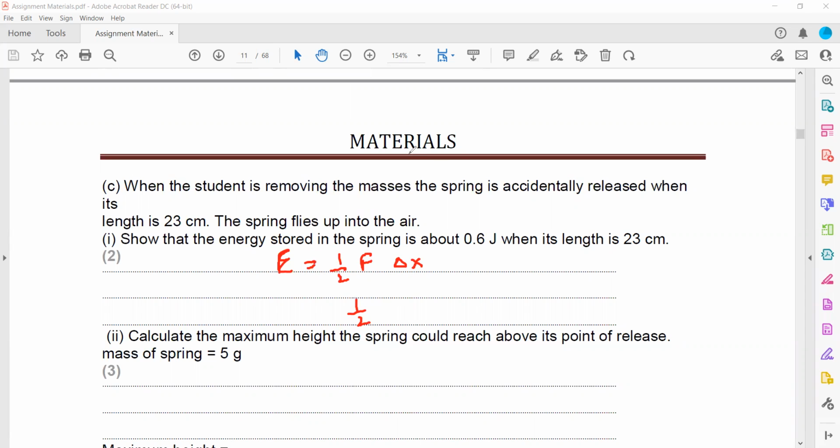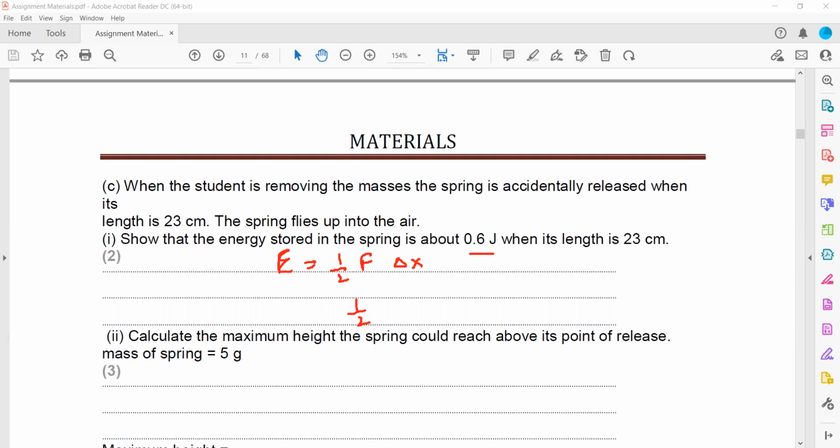Because what happened is the spring is accidentally released at 23 centimeters and it flies up into the air, so we have to show that the energy which was stored in the spring is about 0.6 joules.